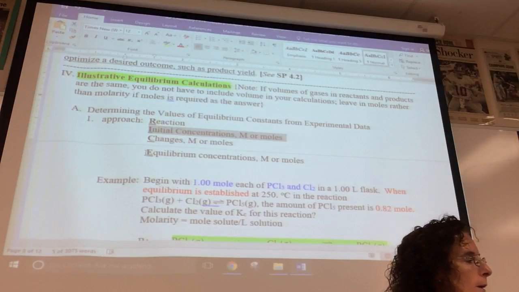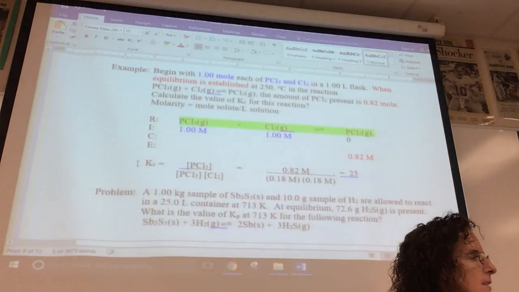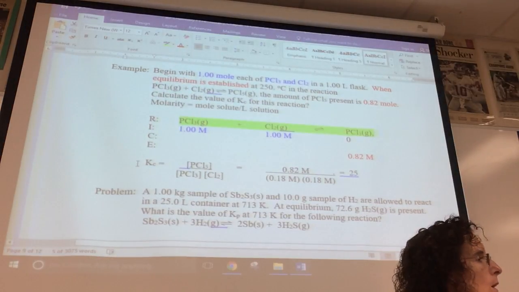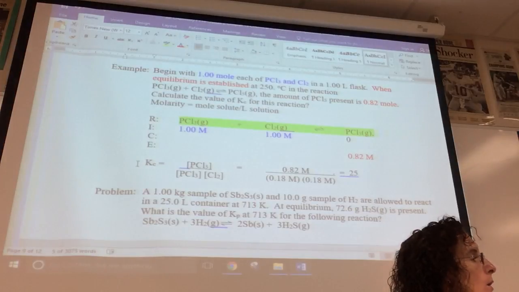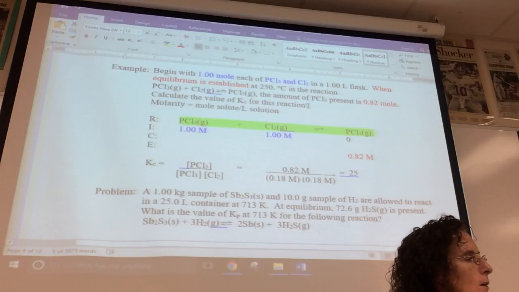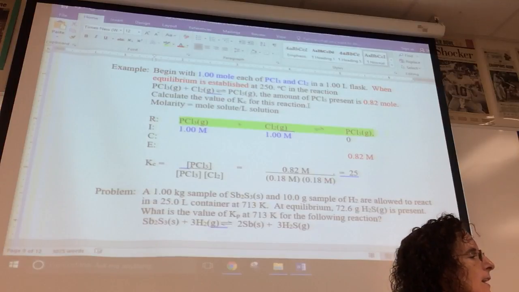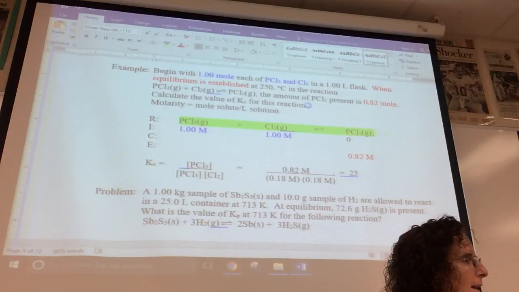When equilibrium is established at 250 degrees Celsius in the reaction shown, phosphorus trichloride plus chlorine gas yielding phosphorus pentachloride, the amount of phosphorus pentachloride present is 0.8 moles. Calculate the value of Kc for this reaction.